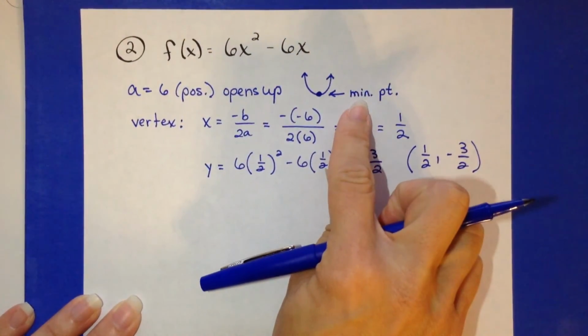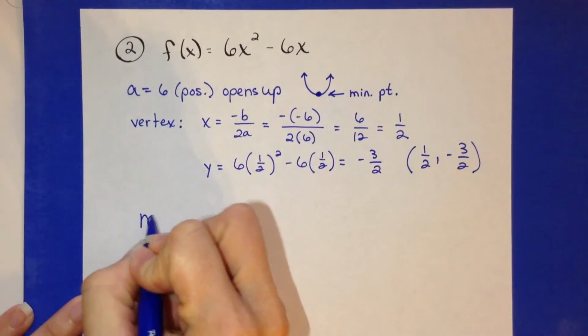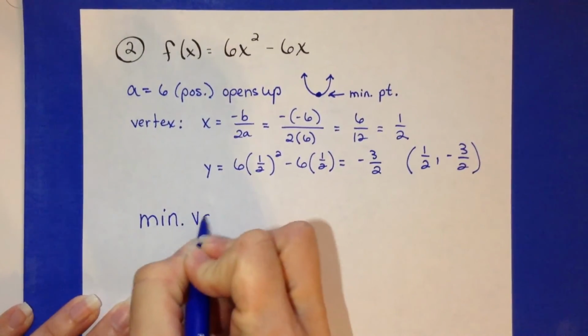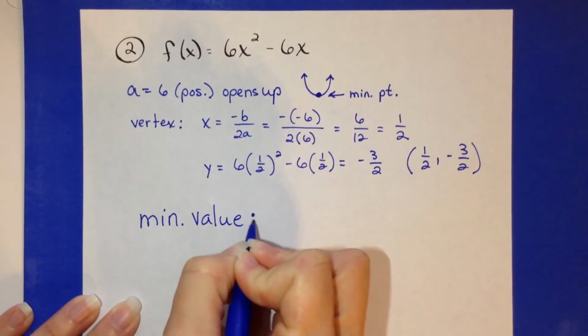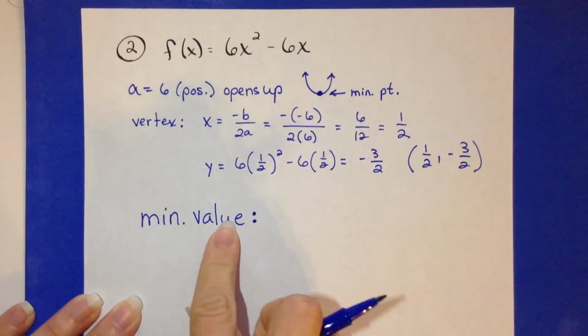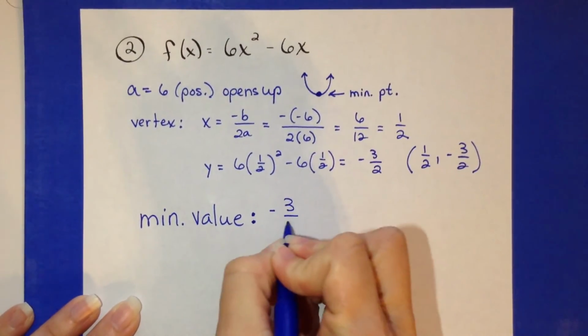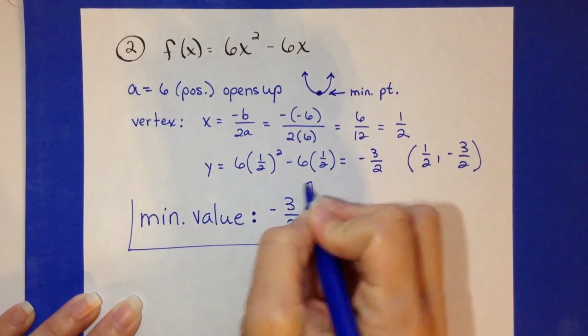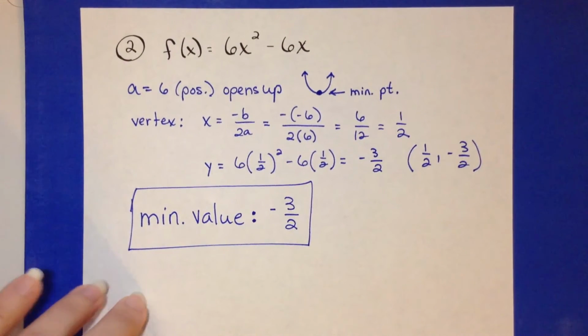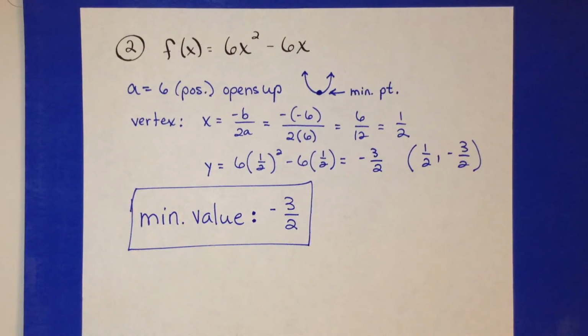Okay, so we've already decided we have a minimum point, therefore we would have to have a minimum value. And the minimum value, as I've said, if it asks for just the value, then it's just your y-coordinate. Anytime you come across anything that refers to the value of something, it's always going to be in reference to your y. Okay, so now domain and range.